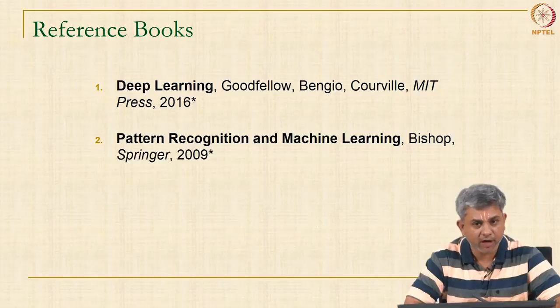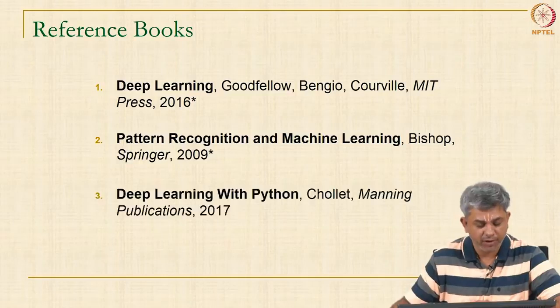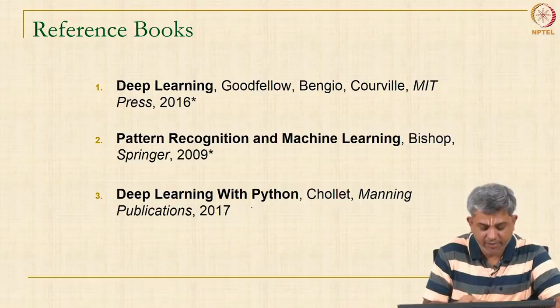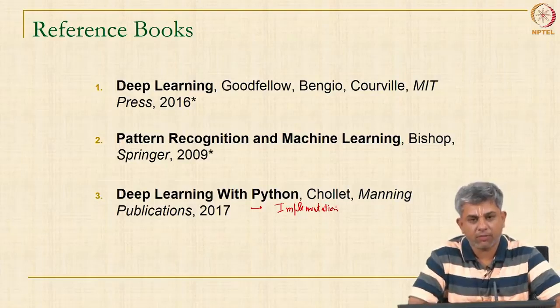It is a little bit harder to read, but it is an exceptionally well written, very thorough text by Christopher Bishop. And the third is towards the practical implementation side of deep learning. This is by Francois Chollet. It is called Deep Learning with Python.